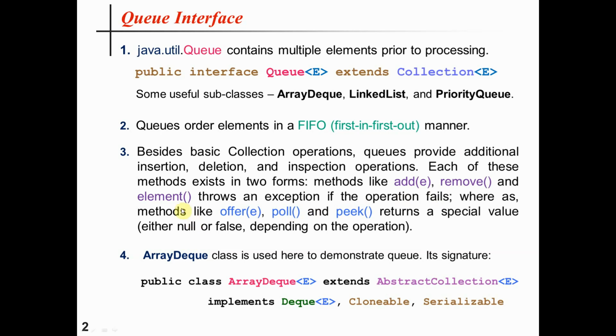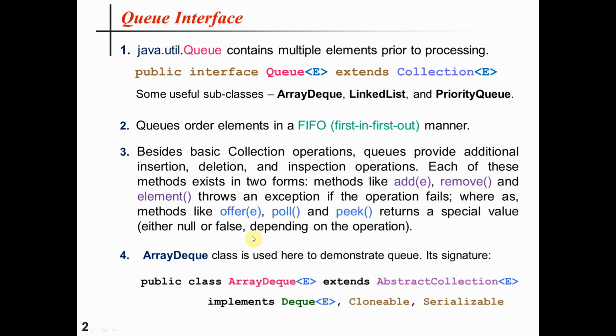So add, remove and element are the methods for insertion, deletion and inspection respectively, and they will throw an exception if the operation fails. For insertion, deletion and inspection, we can also have offer, poll and peek methods that will return a special value depending on the operation. It may be either null or false.